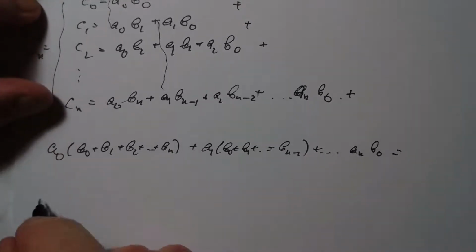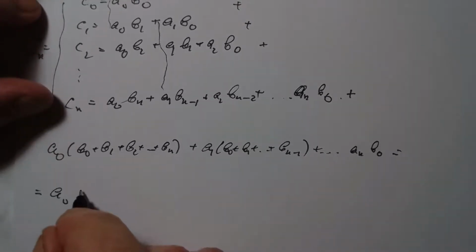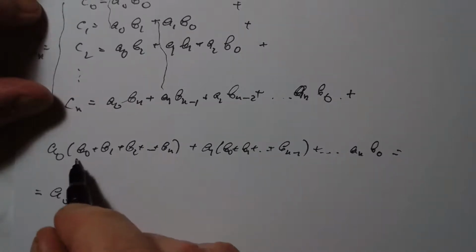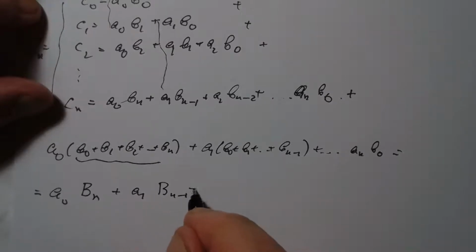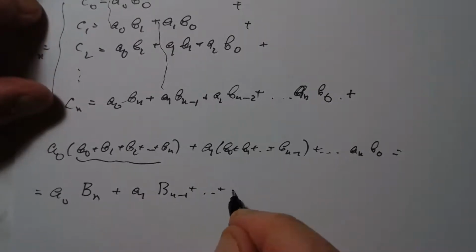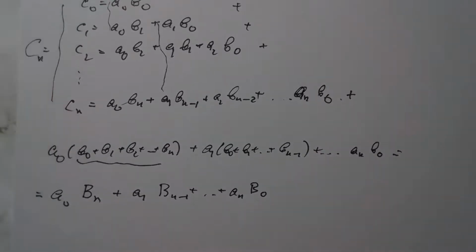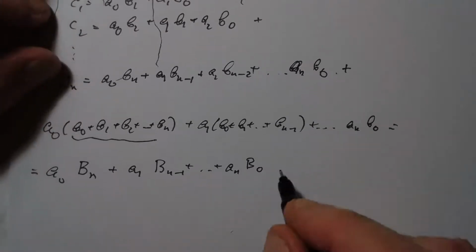Okay, so let's see. This is equal to A_0 times B_n. This is over here the nth partial sum of the series B. And then I will have plus A_1 times B_{n-1} plus etc. plus A_n times B_0, which is really just little b_0, but it's still a partial sum of the series B. And now, together with Rudin, I'm going to introduce one extra notation.